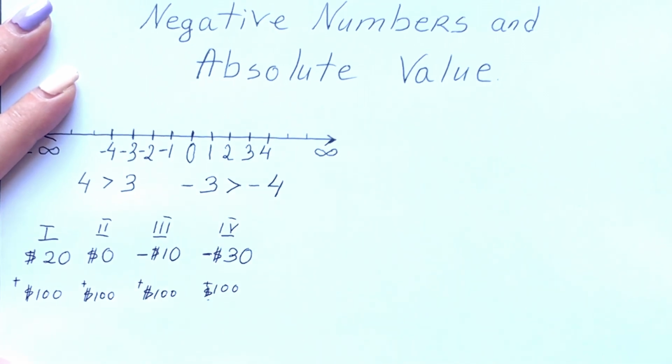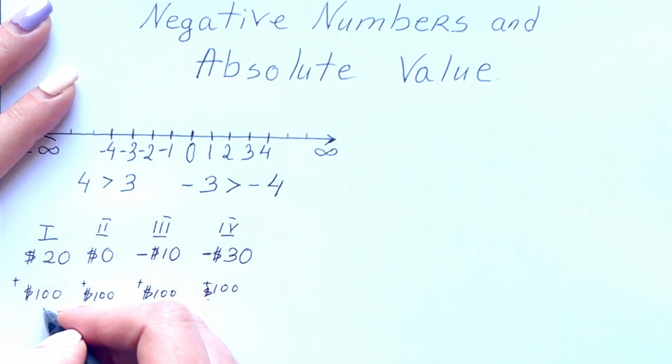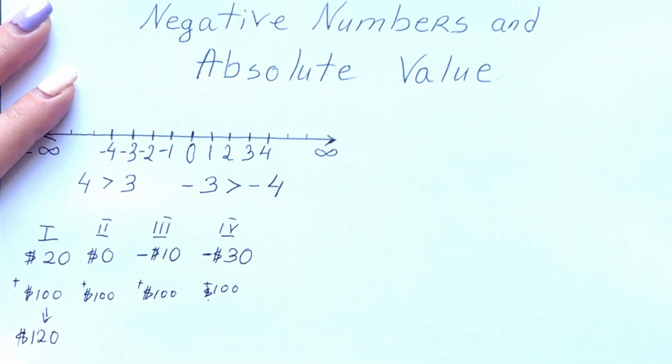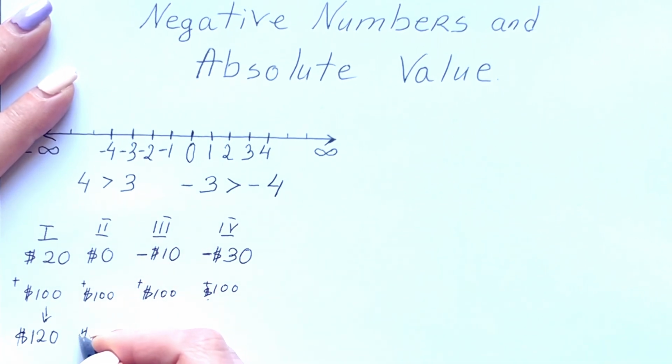Okay, now let's see how much each of the friends is going to have after I gave them $100. So the first friend has $20. I give 100. Now he has $120. The second friend did not have money, so I gave him $100. Now he has $100. The third friend, I gave him $100.